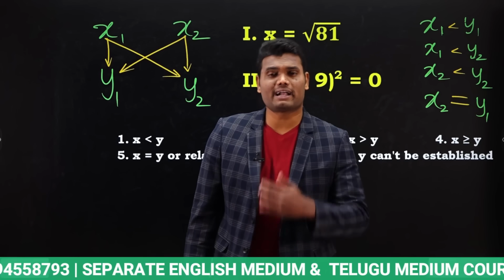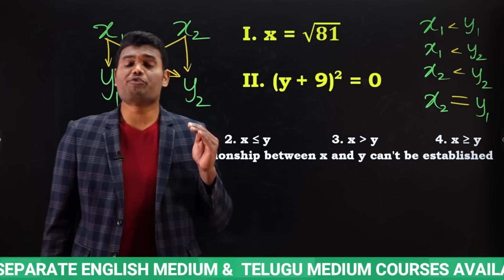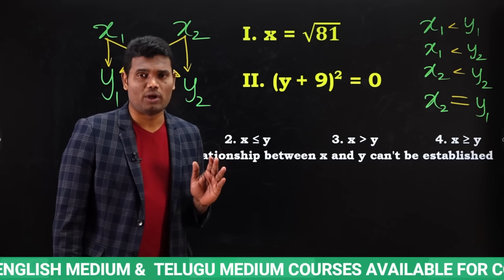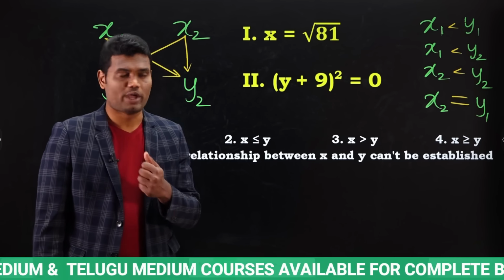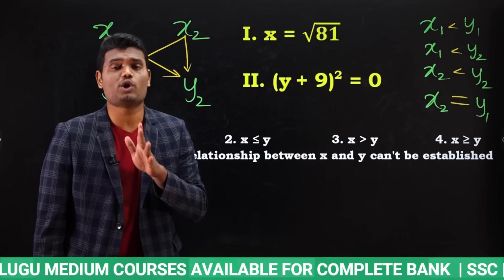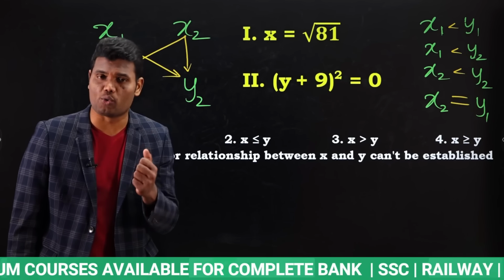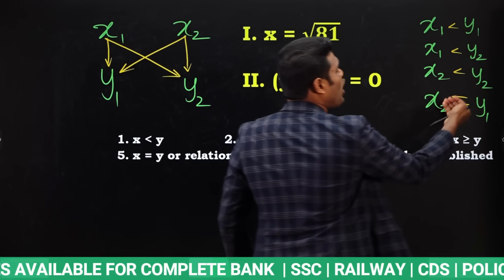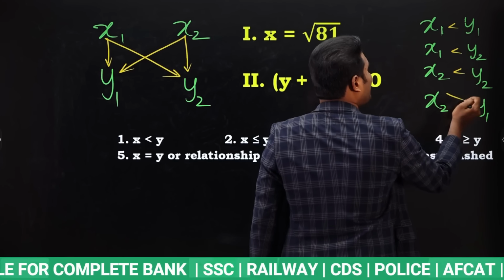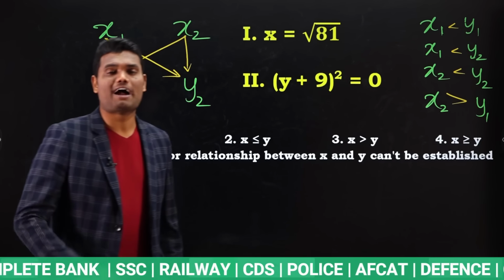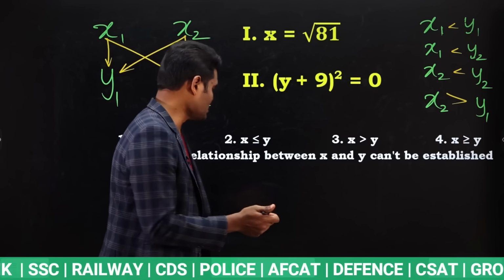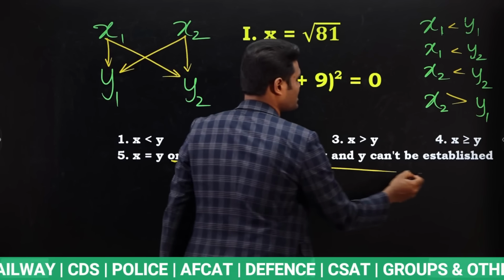If all of them are greater than, the relation will be x greater than y. If you have a combination of less than and equal, then you need to say less than or equal to. If you have a combination of greater than and equal, then you need to say greater than or equal to. But if you have a combination of less than and greater than, then immediately you have to say the answer is no relation.